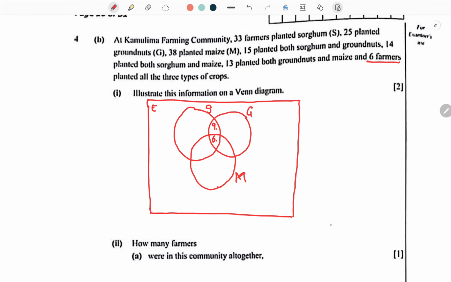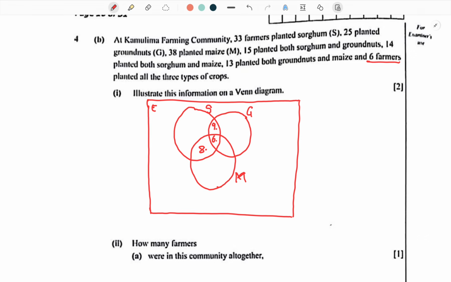Then they're saying 14 planted both sorghum and maize. Sorghum and maize. How many? 14. So I'm going to say the same thing, same concept. 14 minus 6. You're going to get 8. So you put your 8 here. Then they are saying 13 planted both groundnuts and maize.